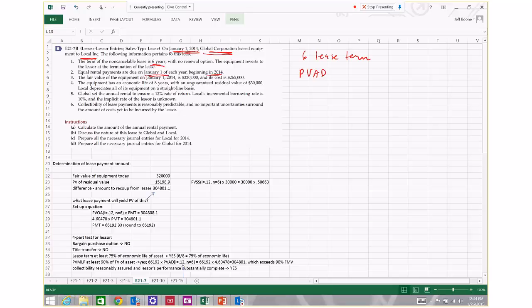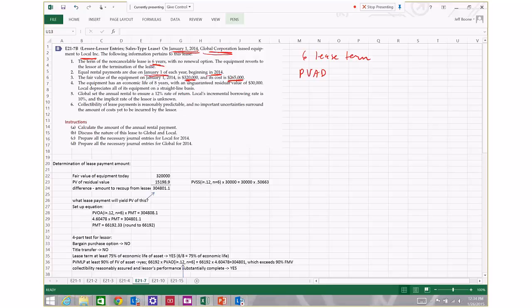The fair value of the equipment is $320,000, and the carrying amount of the equipment in the lessor's accounting records is $265,000. The significance of that is it tells us that if this lease is classified as a capital lease from the point of view of the lessor, it's going to be a sales type lease and not a direct financing lease.